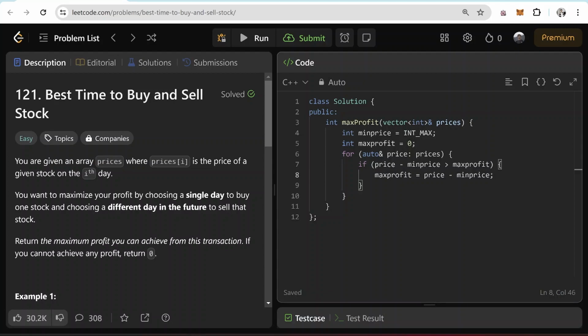A better way to write this would be to just use the max function. So I'll just update that. Max profit is max of max profit comma price minus min price. I can remove this then.